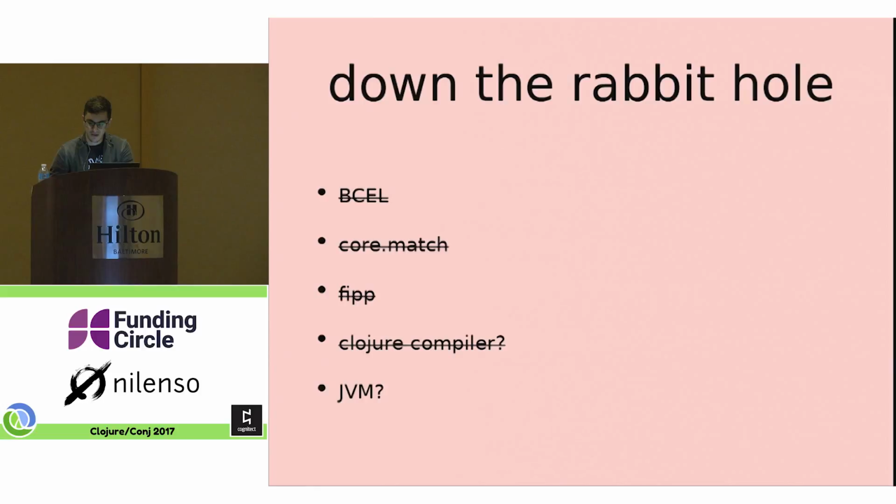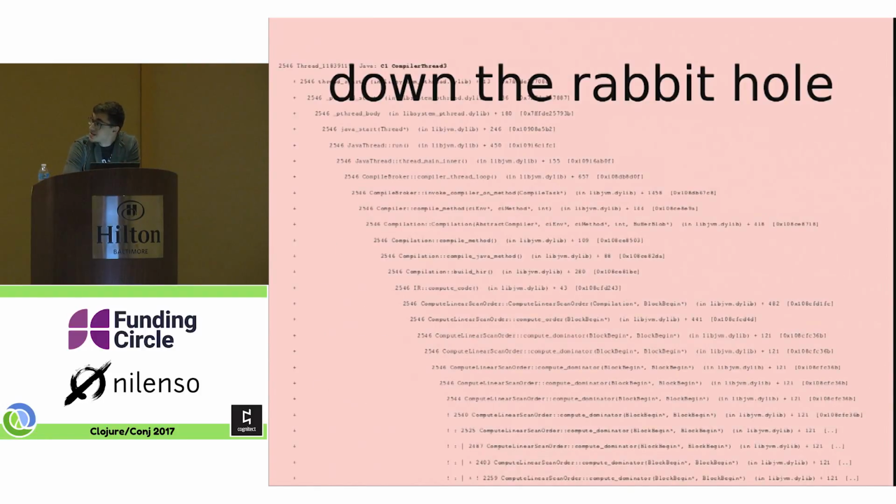And so I took thread dumps of the JVM processes. And yeah, it was the C1 HotSpot compiler that got stuck in a busy loop. And this happened because of the way core.match compiles match expressions, it uses a lot of exceptions to backtrack, and apparently that puts the JVM compiler in an exponential loop.